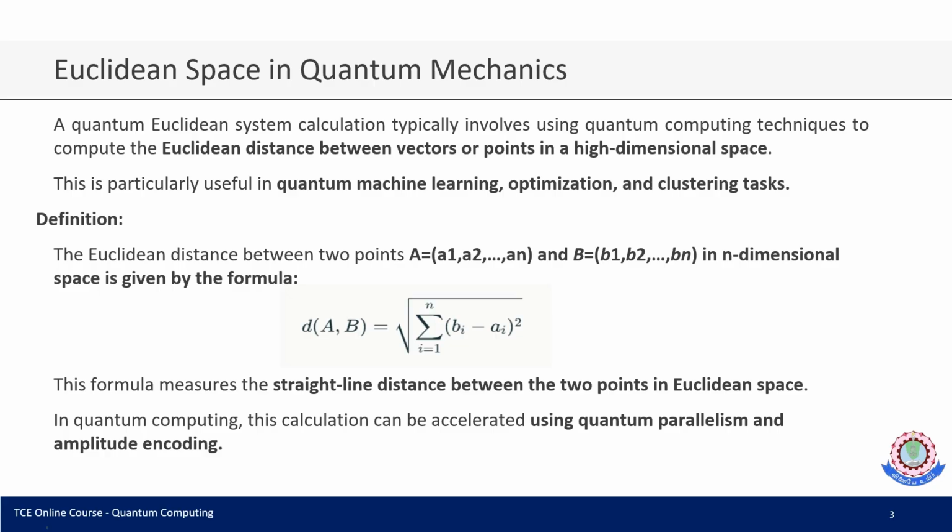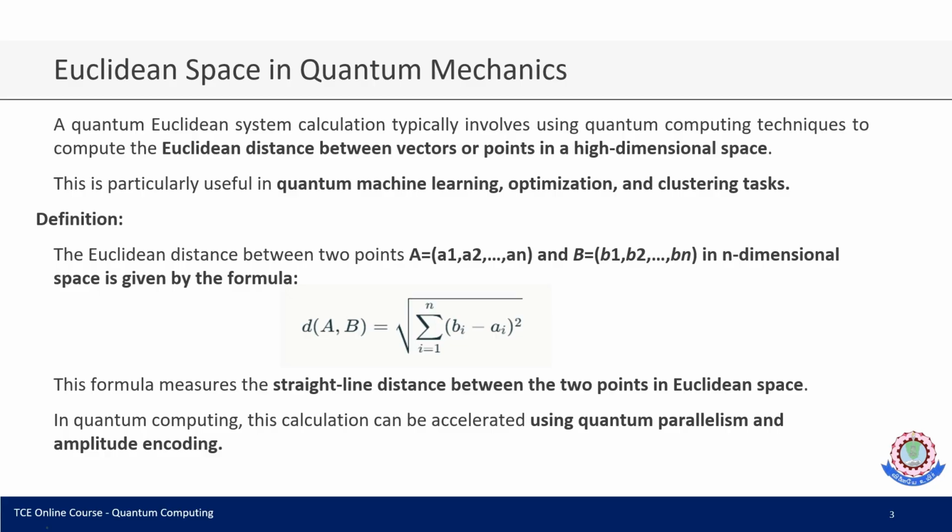A quantum Euclidean distance calculation typically involves using quantum computing techniques to compute the Euclidean distance between two vectors or points in high-dimensional space. This is particularly useful in quantum machine learning, optimization, and cluster calculation, and doing the clustering task.